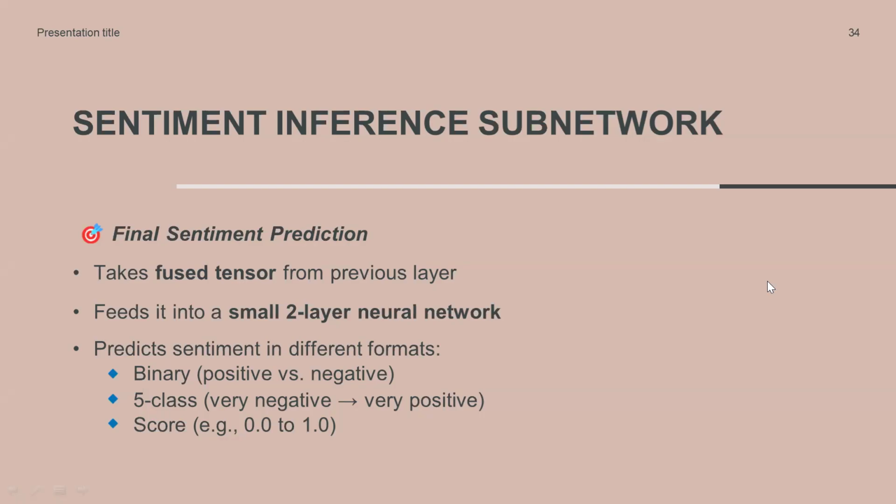It's a compact two-layer neural network designed to be efficient yet expressive. This network reads the fused features and outputs a sentiment prediction. Depending on the task setup, this prediction can take different forms: binary, positive versus negative; five-class classification, very negative to very positive; and then there are regression scores as well.